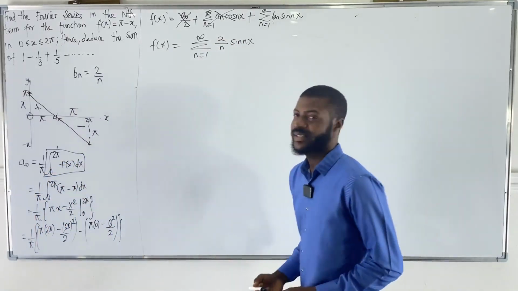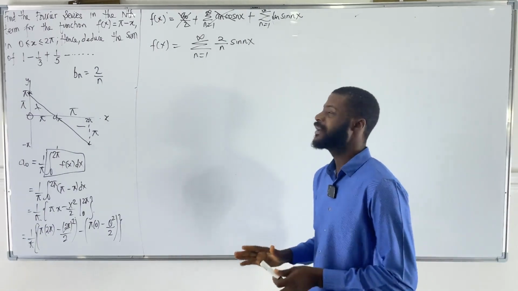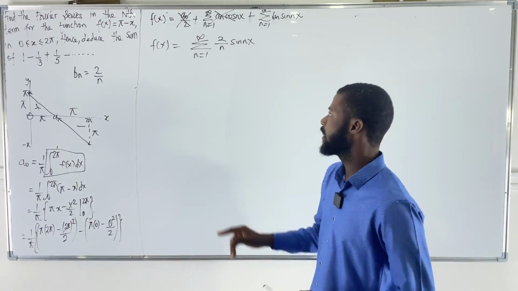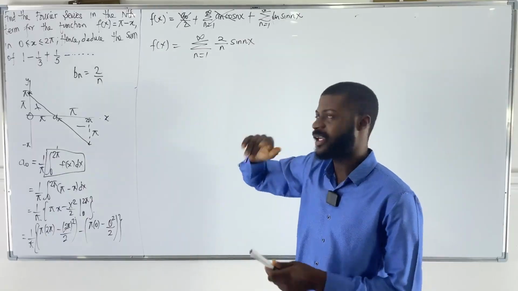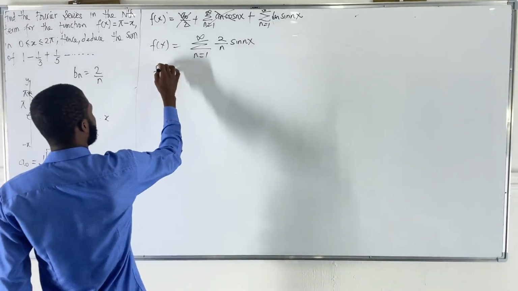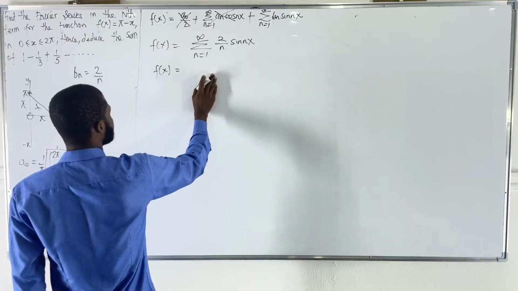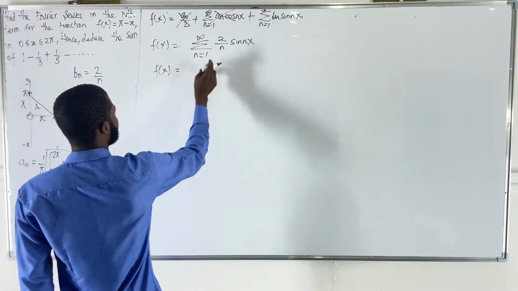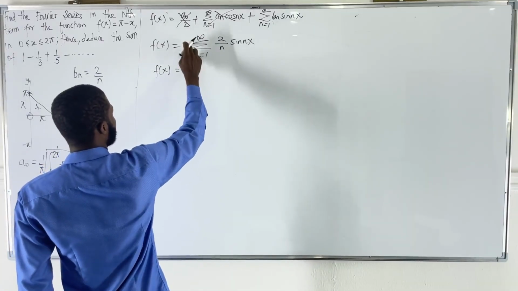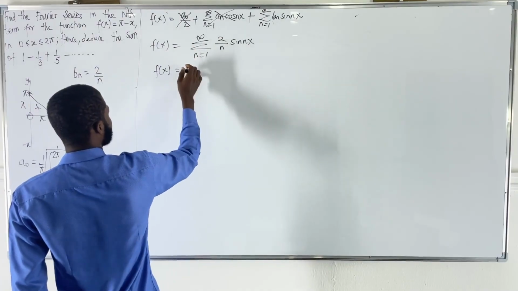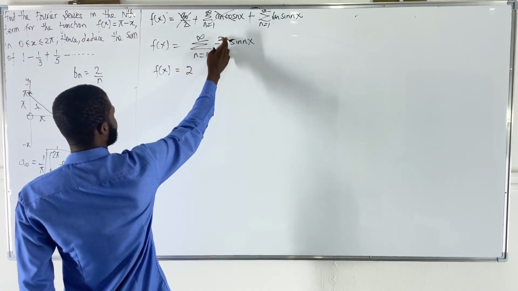Now, if the question says in terms of n, this is how you will leave your answer. Let me make a simplified version of the answer. So bring out 2 to this very location, because 2 is a constant.